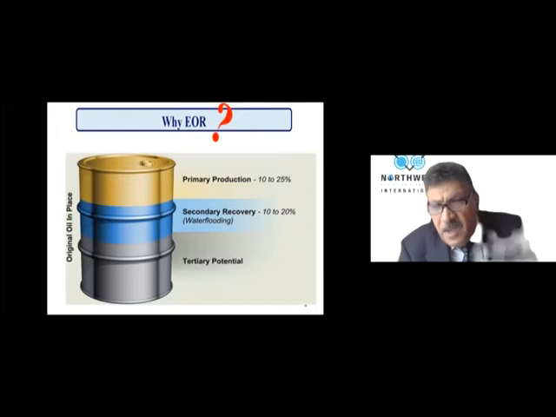In the primary, you recover 25% of it. So the remaining 75 million, I need to recover. So either I do water flooding, because it is secondary, or I do the tertiary.